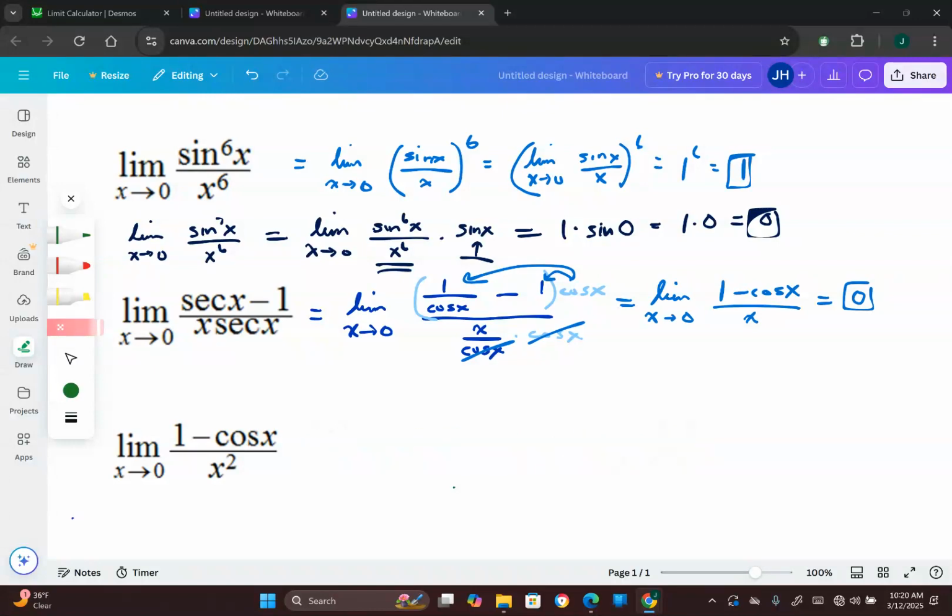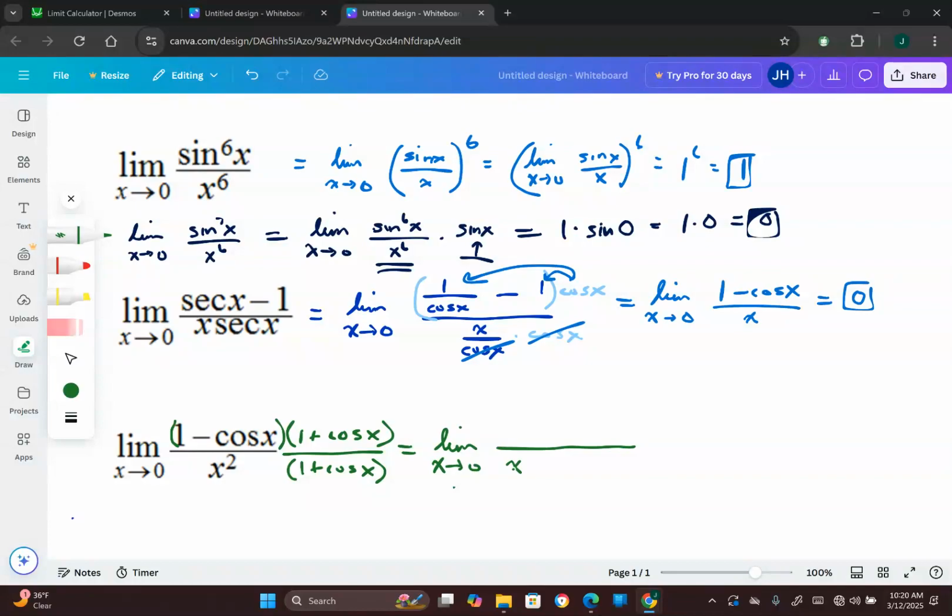Now, this is a little trick. There is something with trig, hopefully someone taught you. If you see 1 minus cosine or 1 minus sine or 1 plus cosine, one of the things you can do in trig, just to change this up a little bit, is multiply by its conjugate, 1 plus cosine of x. And what happens here is, we're going to change this limit a little bit, and I'm not going to multiply out the bottom.